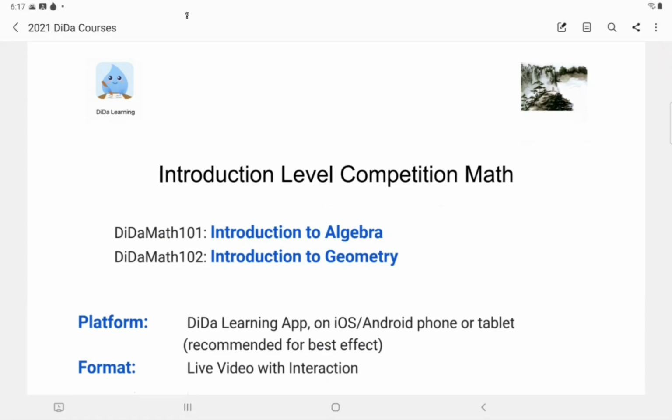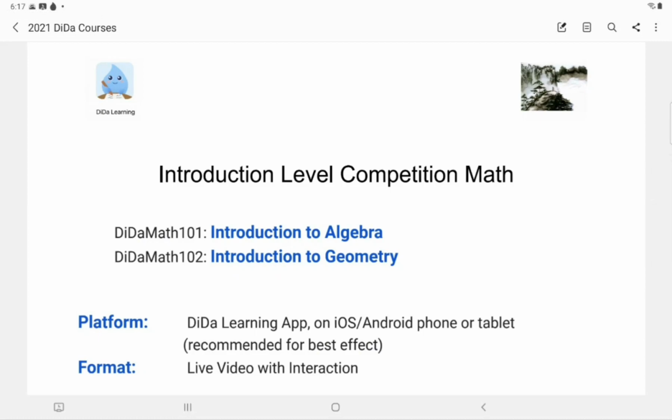So the main purpose for this trial lesson is actually to get those people who haven't used the DDAR learning app familiar with the system, particularly comfortable with the platform, which is what I'm going to use for all the four classes I'm opening.